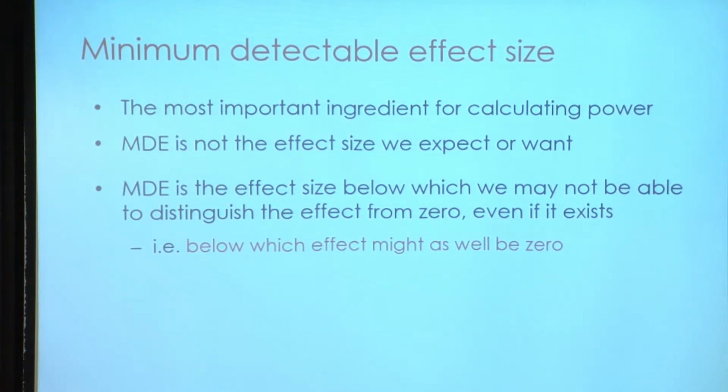Because if it's below that, you may have a high probability of saying I can't distinguish, it's not statistically significant, and people, they shouldn't, but people are likely to respond saying it didn't work. Statistically, what we're saying is we can't distinguish it from zero, but that'll go out there and people will say, well, it's not significant. This program isn't significant. So you don't want that to happen unless the effect is so small that it might as well be zero.